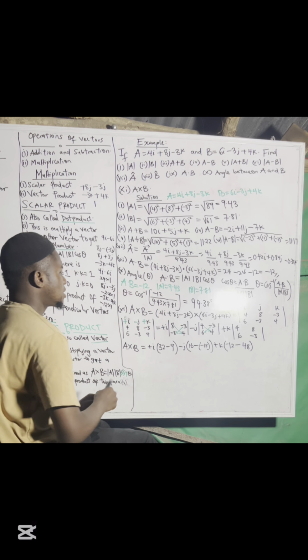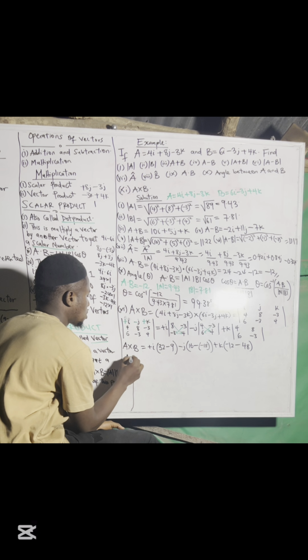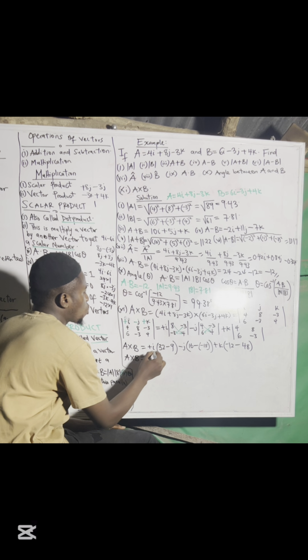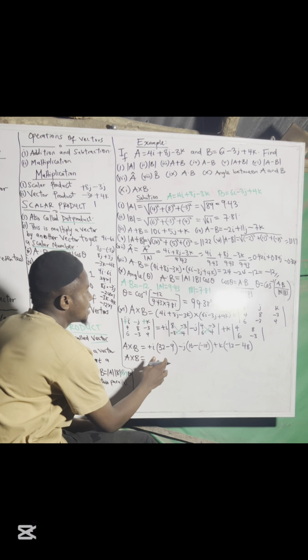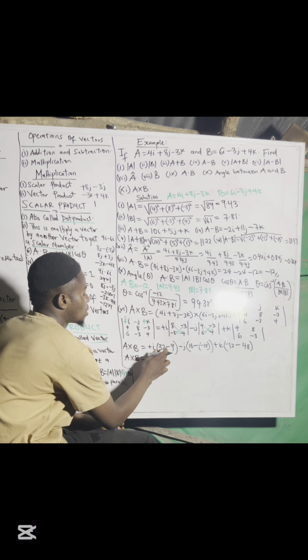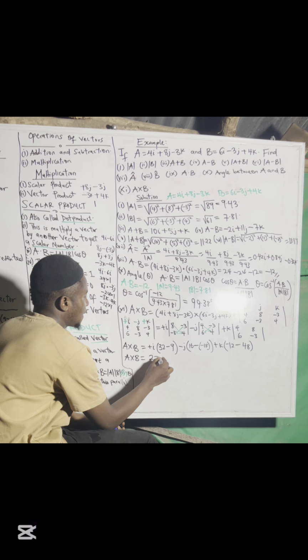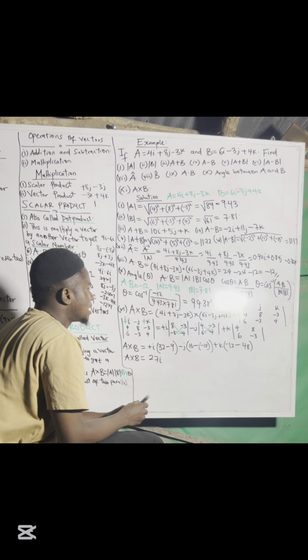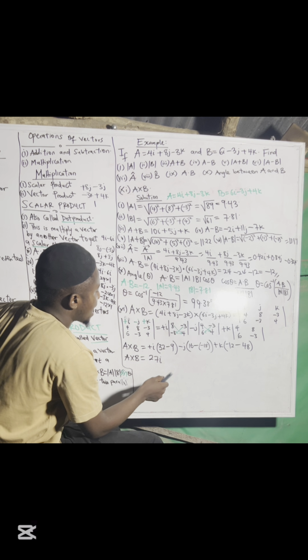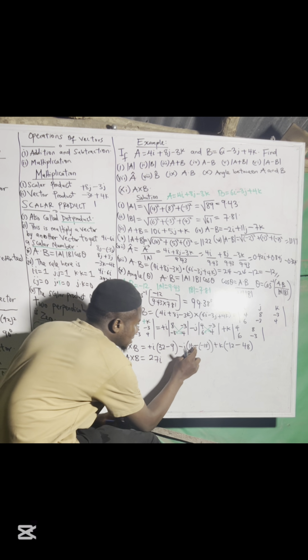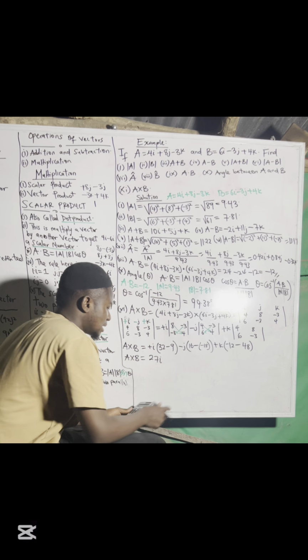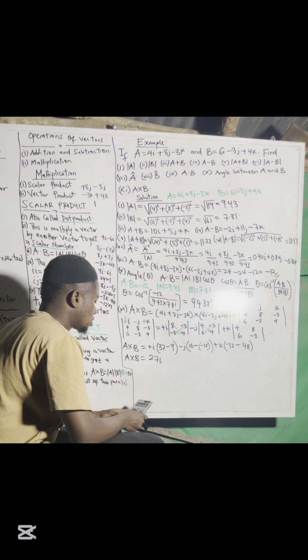So therefore, guys, this simply means our A cross B equals, what is 32 minus 9? That is 27, that is 27i. Now, guys, you have to be very careful here. We have minus 16 minus minus 18. That simply means we are doing 16 plus 18.